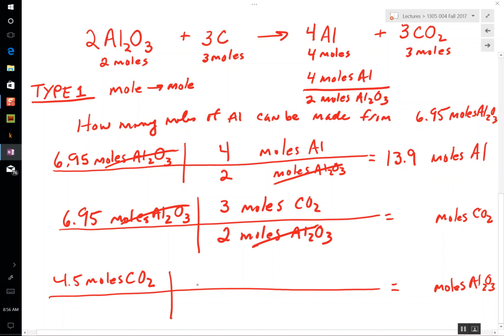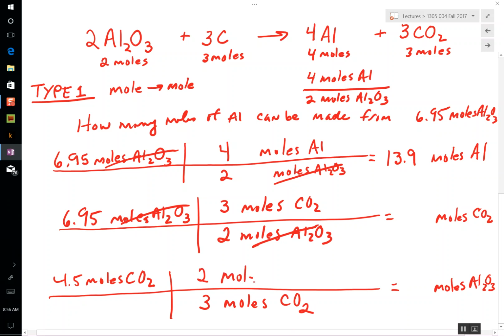Okay, and that is correct. The way you get that is I want to get rid of this, so this has to be down here. So this that has to be down there is you get 3 moles of CO2, not CO3, CO2.